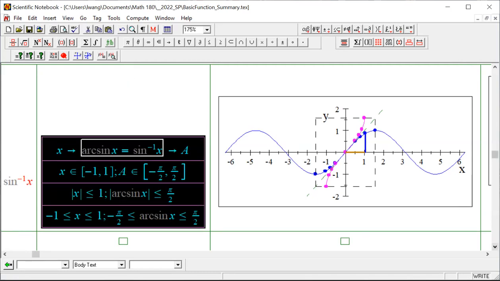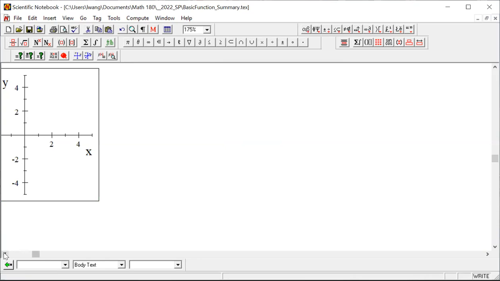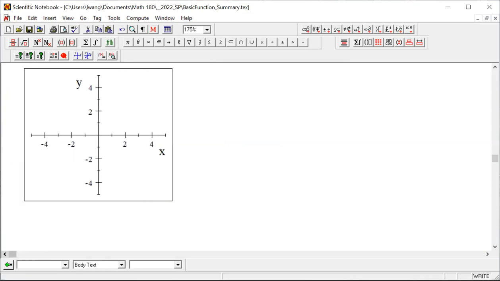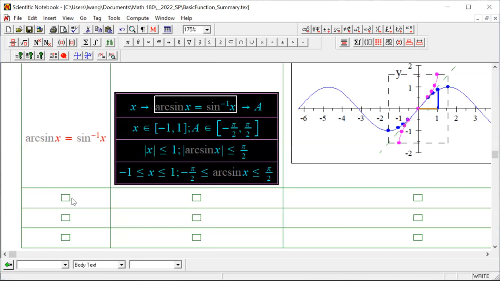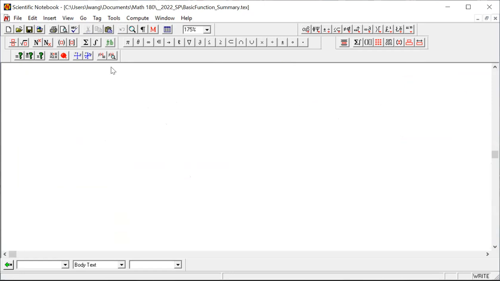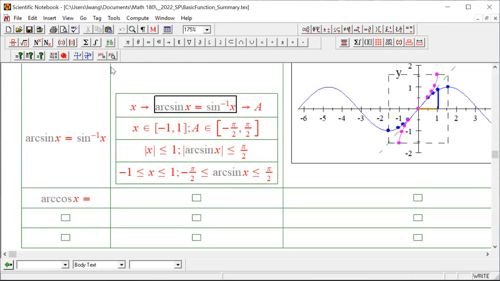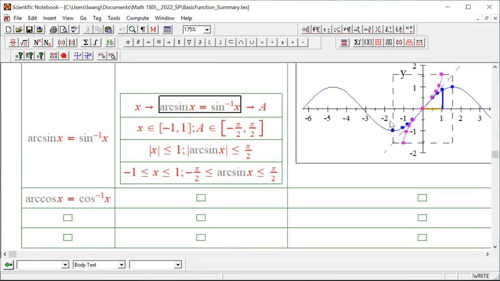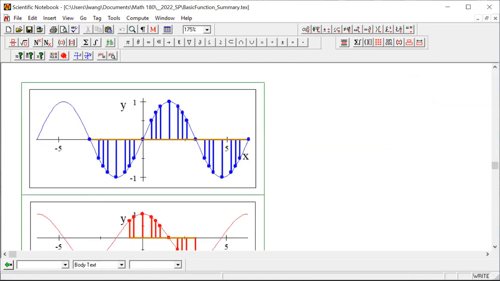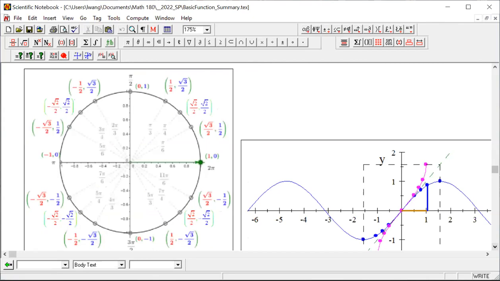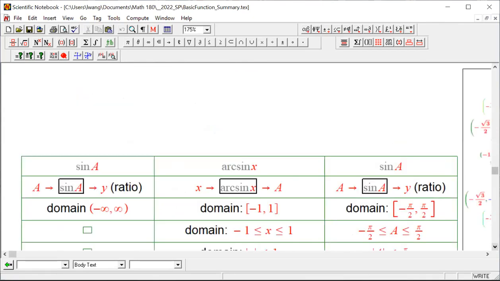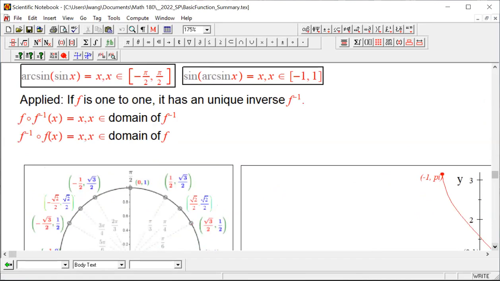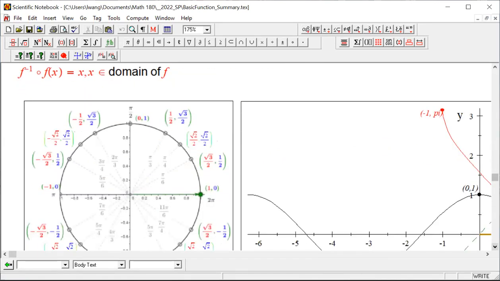For arc cosine, it takes a ratio, okay? We still have this other form of writing arc cosine, but you read it as arc cosine. Domain and range wise, let me see, I do have that form with me. Right here.